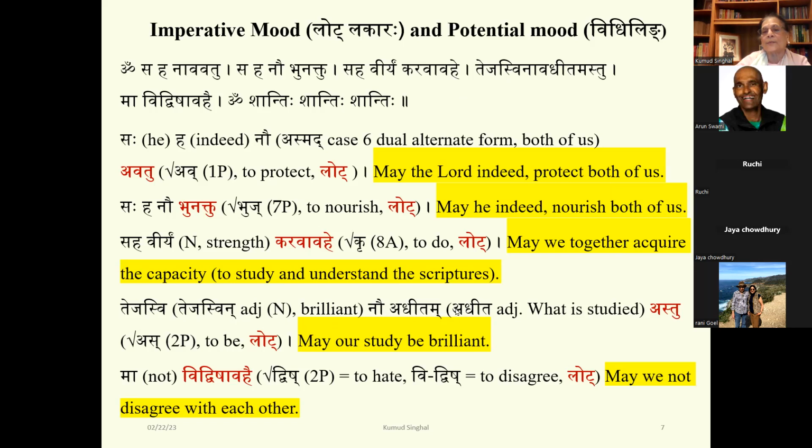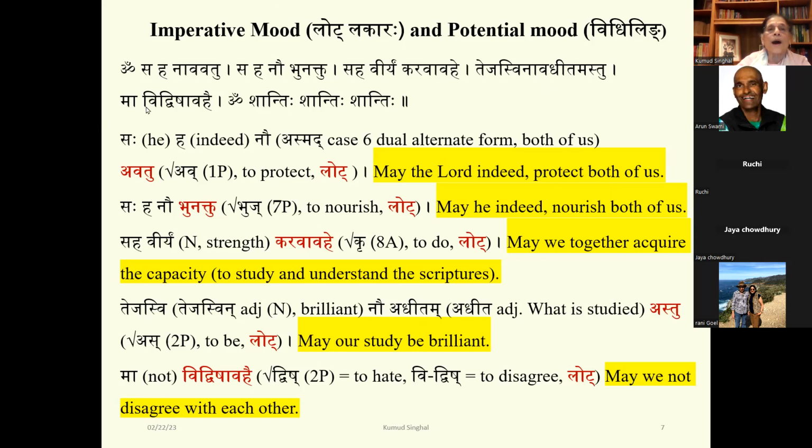The pratipadikam is adhita. What is it? Study. Astu again is a lot lakara. Dhatu as, to be, lot. May our study be brilliant. And again, there is a sandhi here. Nau and adhita, that's why it will become av, right? So that's why you have a va here. Ayadi sandhi here.